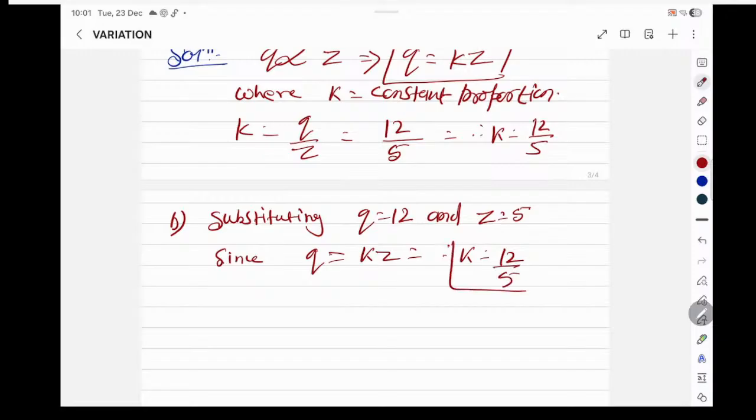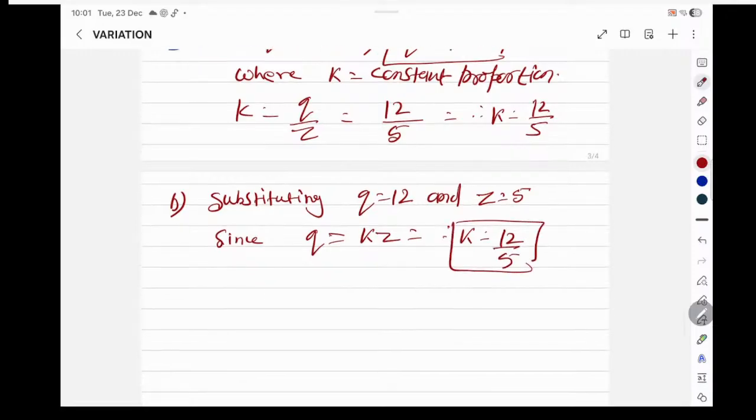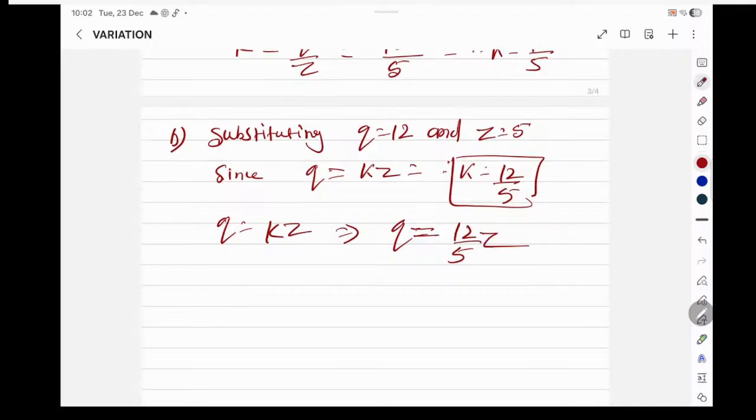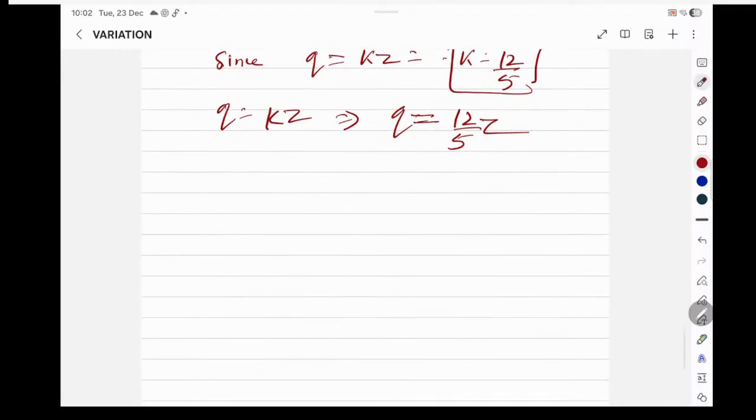Now that we have k, the new function is q is equal to 12 over 5 times g. This is our solution.